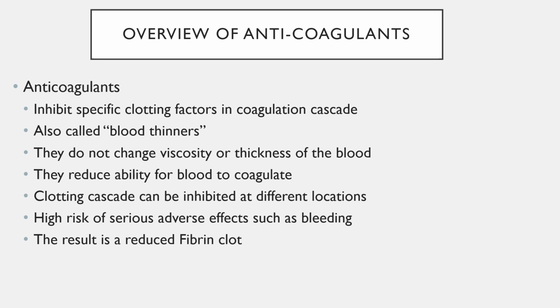And when you block a clotting factor in the coagulation cascade, you reduce the strength and also the formation of the final product called a fibrin clot. Okay? So as a general term, are antiplatelets or anticoagulants called blood thinners? Sure. But if you're being more specific, then we're talking about antiplatelets and anticoagulants as slightly separate.